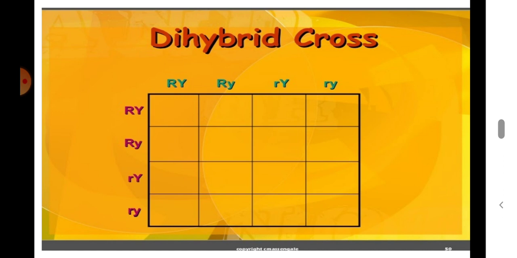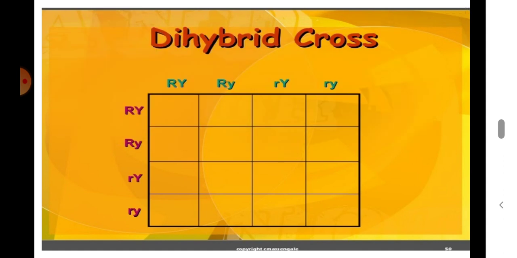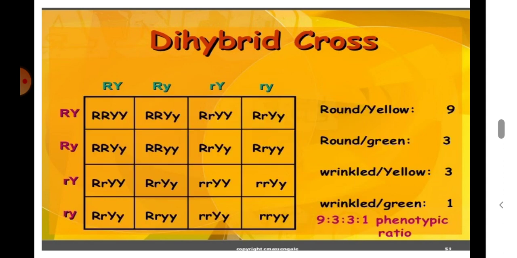We put the male gametes at the top of the columns and the female gametes at the side of the Punnett square: capital R capital Y, capital R small y, small r capital Y, and small r small y. Like that, the female gametes are also written: capital R capital Y, capital R small y, small r capital Y, and small r small y.